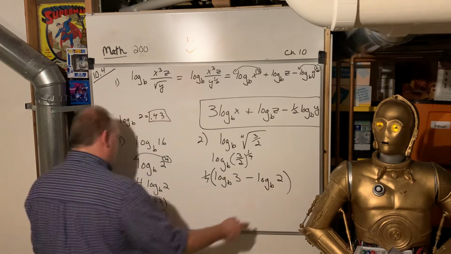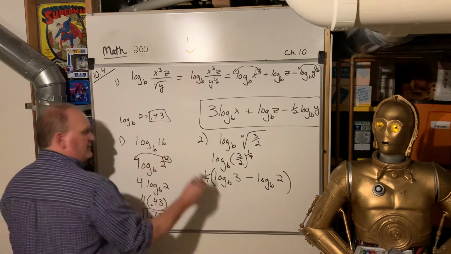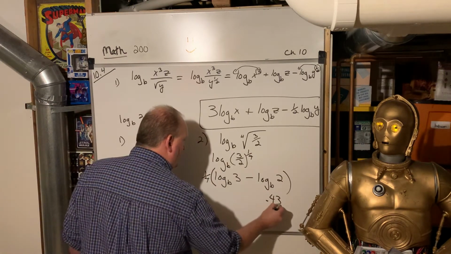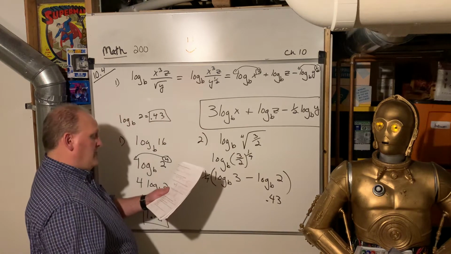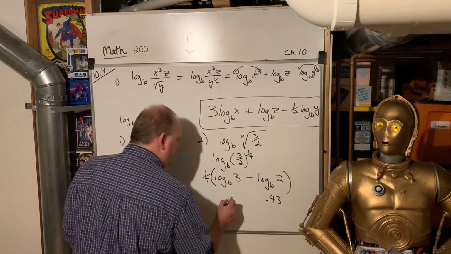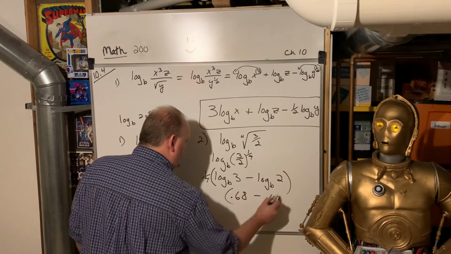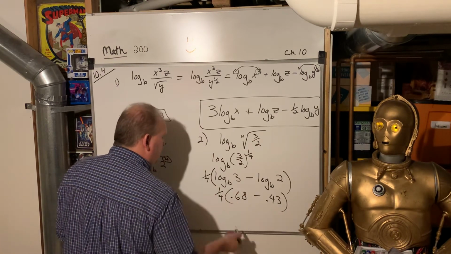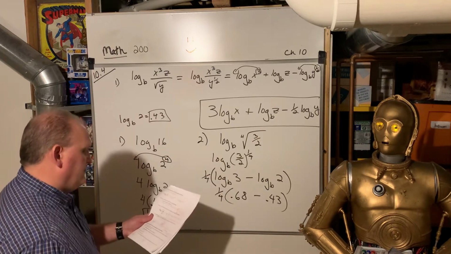And now we know log base b of 2 is 0.43, and they also gave us log base b of 3, which was 0.68. And so we subtract those two and then multiply by 0.25 or 1/4.